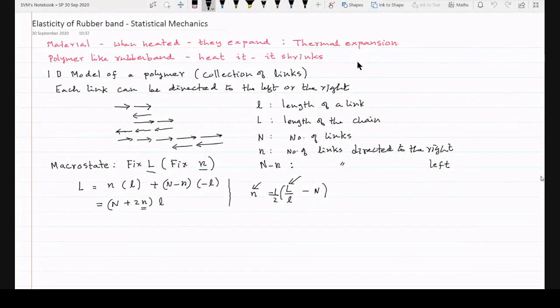Now you can see that if this macro state is fixed, there are so many ways in which this can happen.